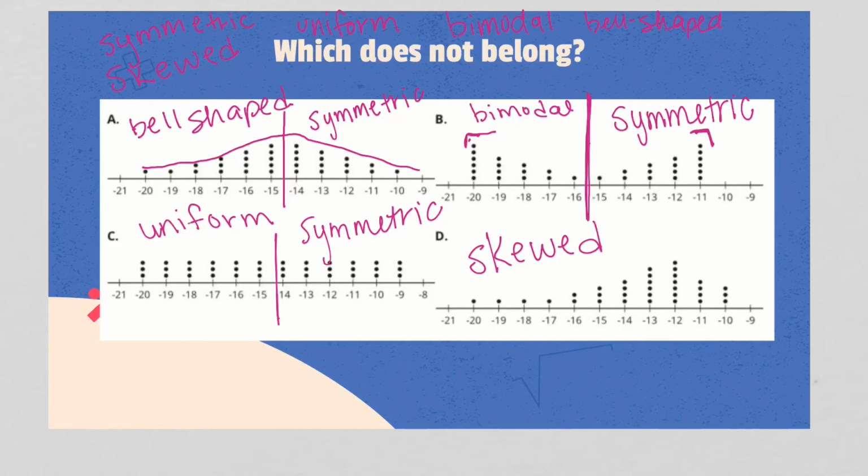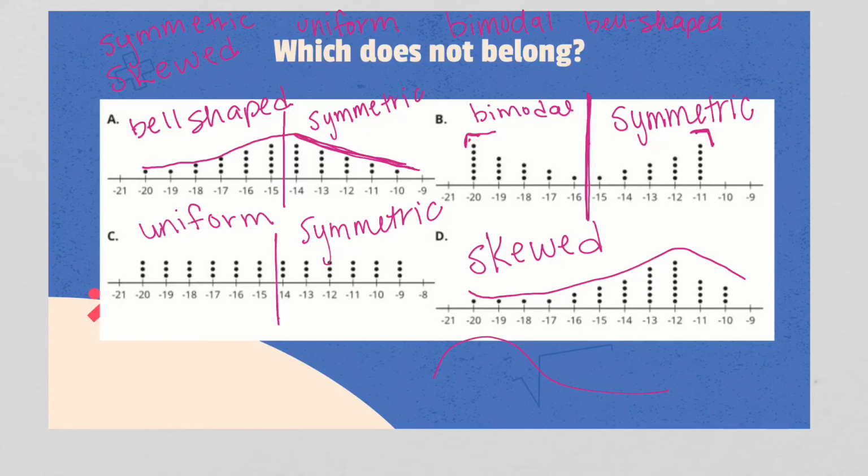So because we have like this, it goes up and a little bit down, and we don't have that other side of like the bell like we had up here on A, that's going to be skewed. It could be skewed the other direction. We could have something like that. Okay?